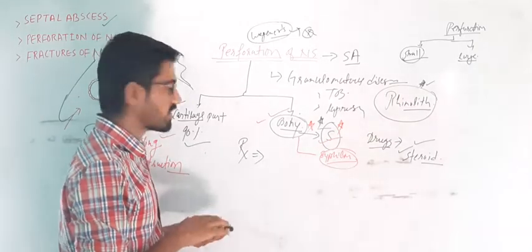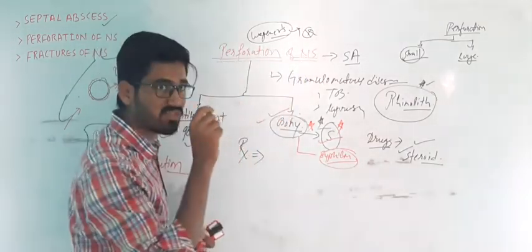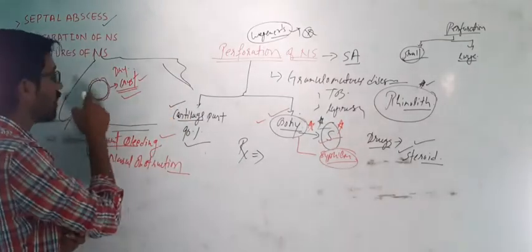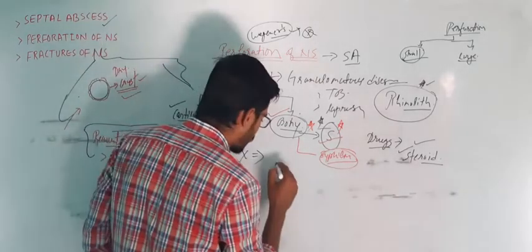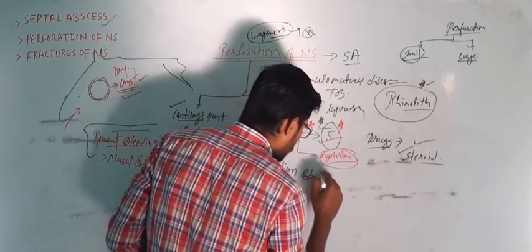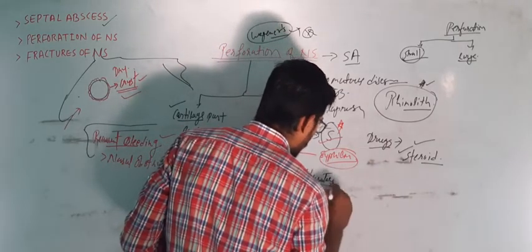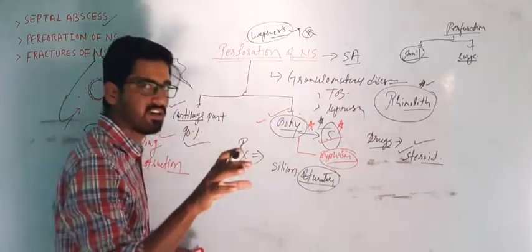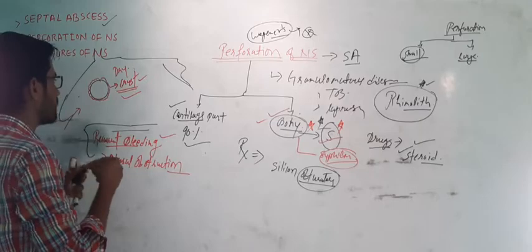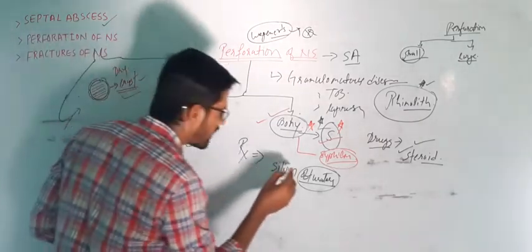In the treatment of perforation of the nasal septum, if there is a small perforation, no problem. If there is a large perforation, what do we have to use? We use silicone obturators. An obturator is something which will block this perforation. Why are we using silicone?